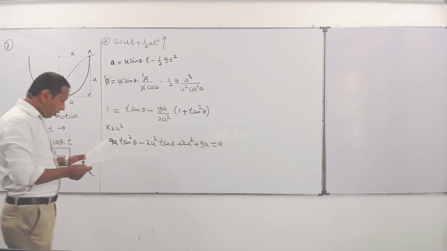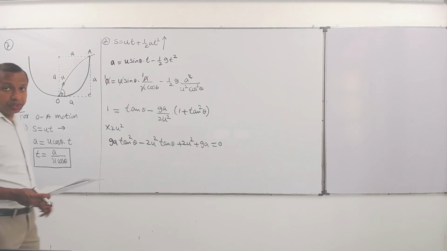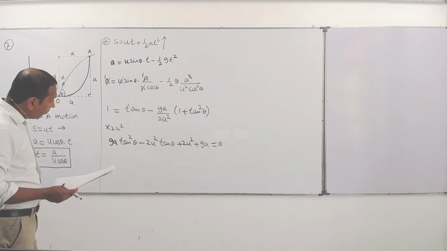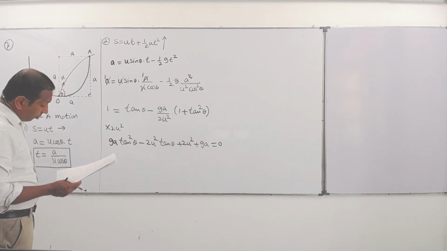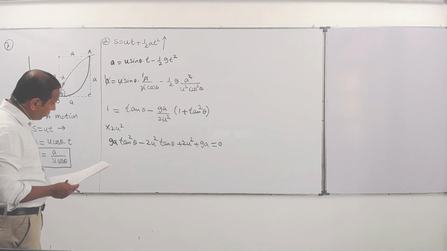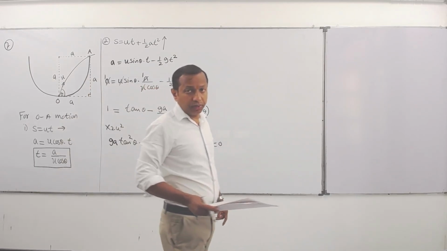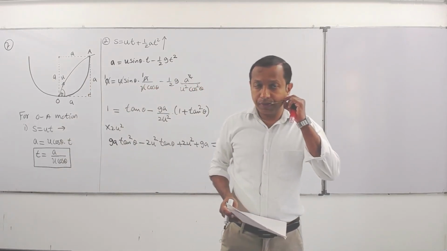This is the quadratic equation we get in tan theta. Okay, right. Then we can now write, since this is a quadratic equation in tan theta, it should have two answers.